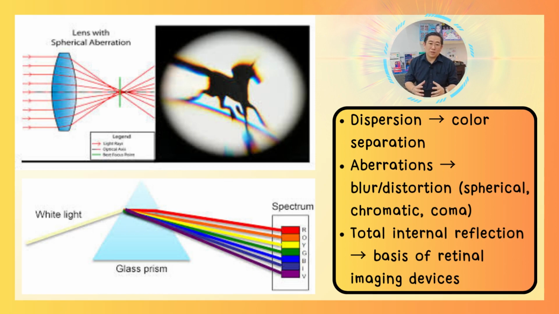The third one will be total internal reflection. This principle is applied in clinical instruments like fundus cameras and fiber optics, which are used in ophthalmology. This reminds us that the eye, although remarkable, is not a perfect optical system.